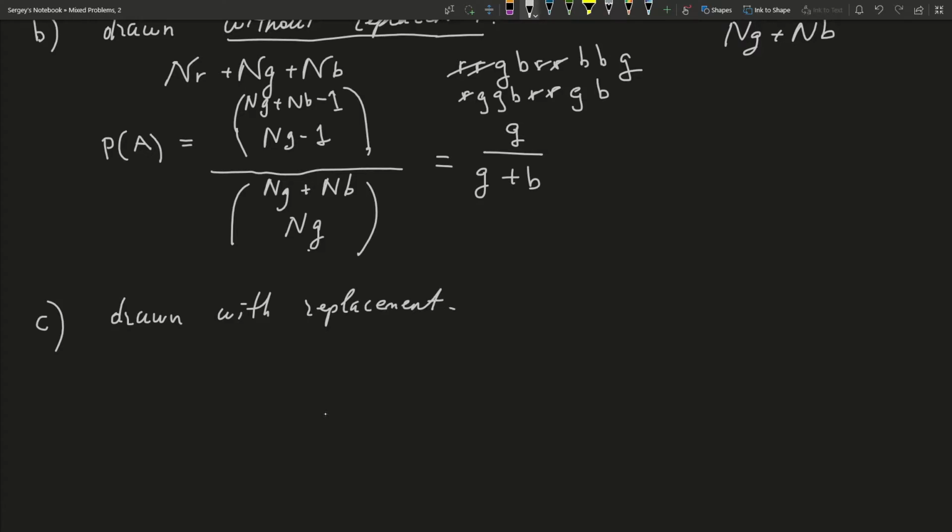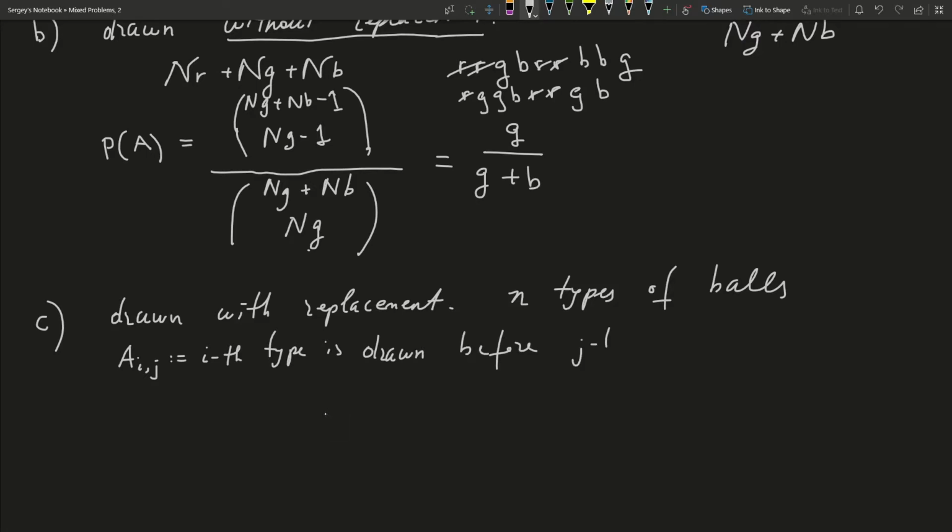Now instead of three types of balls, red, green, and blue, we have various types of balls, let's say n types. And we're going to make a notation: A sub i,j is the event that the ith type is drawn before the jth type.